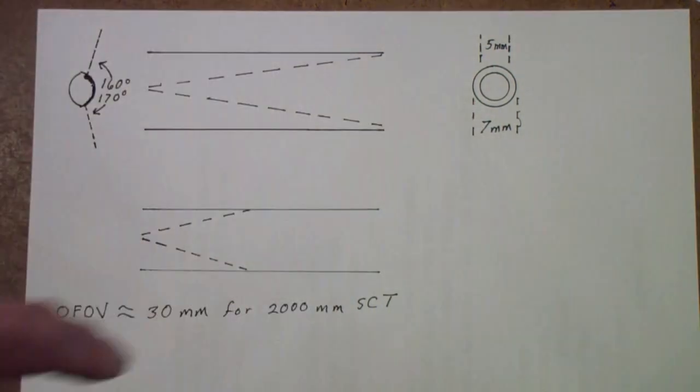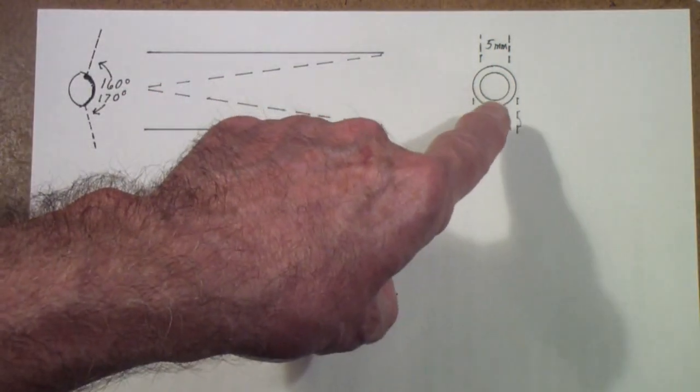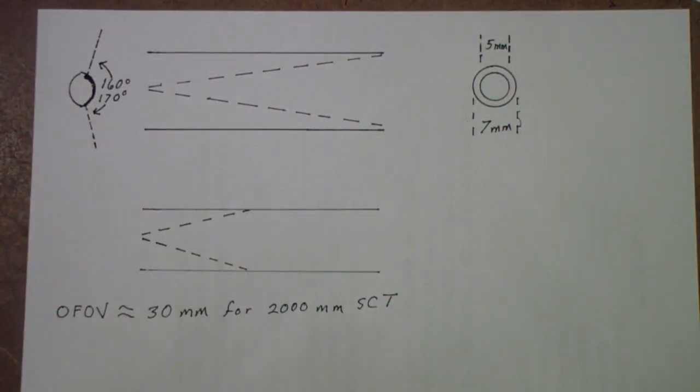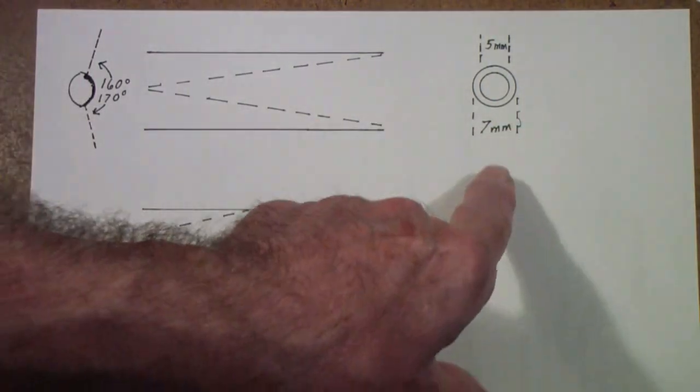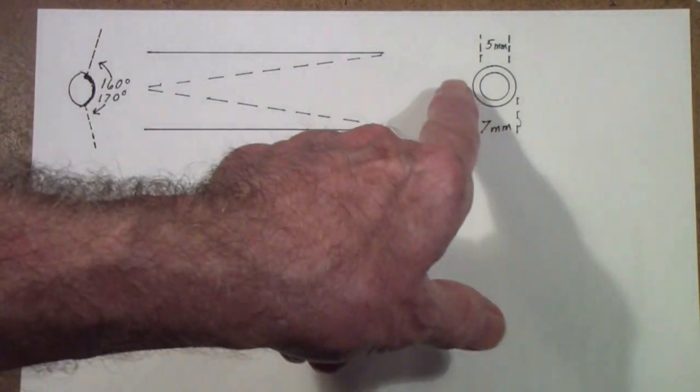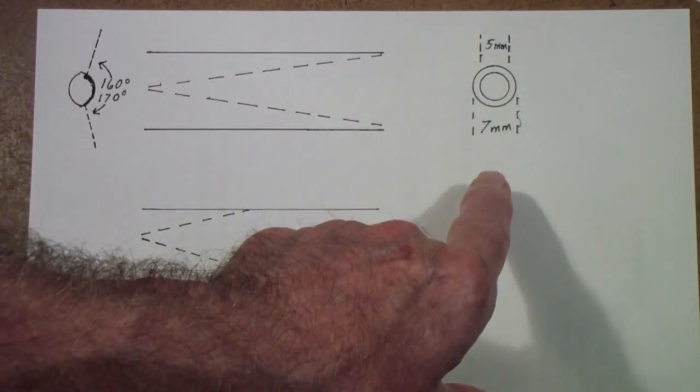Another thing that you are limited by is what is called the exit pupil or the pupil size of your eye. And a dark adapted young eye can have a pupil size of 7 millimeters.